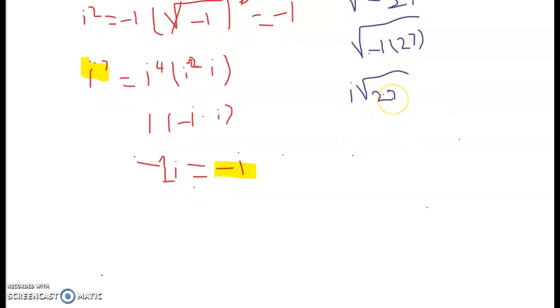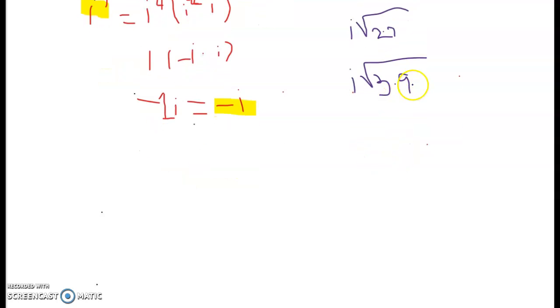What's the biggest perfect square that multiplies to 27? So 3 times 9, right? So we put i times the square root of 3 times 9. So 9 is a perfect square, so it's 3, so we put that out.